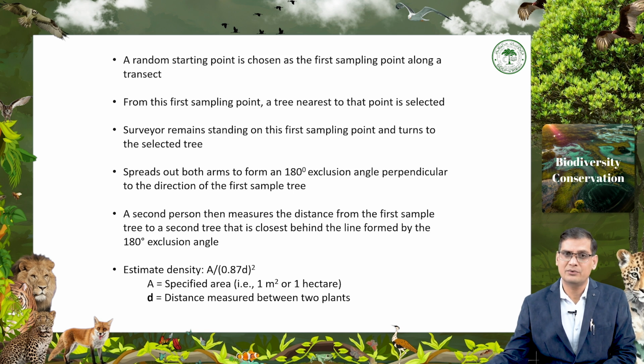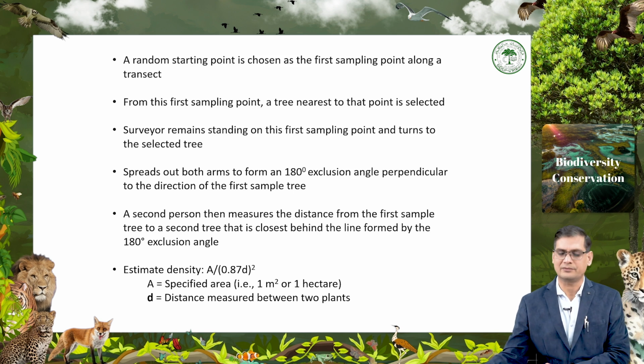The density will be estimated or calculated by using the following equation. Density is equal to A upon 0.87 D whole squared. A is equal to specified area, for example 1 meter square or 1 hectare. D is the distance measured between two plants.